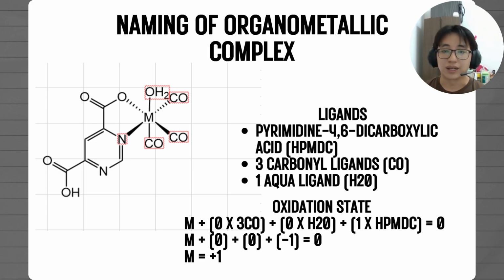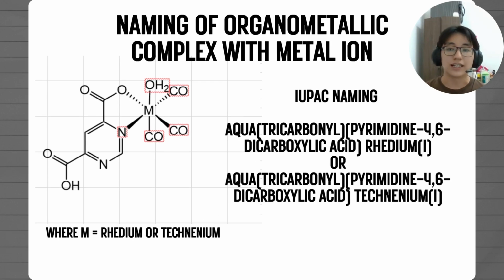So it becomes M plus 0 plus 0 plus -1, and the oxidation state for the center metal ion will be +1 to neutralize the -1 charge from the pyrimidine 4,6-dicarboxylic acid, HPMDC. As a result, when the metal is rhenium, it is named aqua tricarbonyl pyrimidine 4,6-dicarboxylic acid rhenium(I). When the metal ion is technetium, it becomes aqua tricarbonyl pyrimidine 4,6-dicarboxylic acid technetium(I).